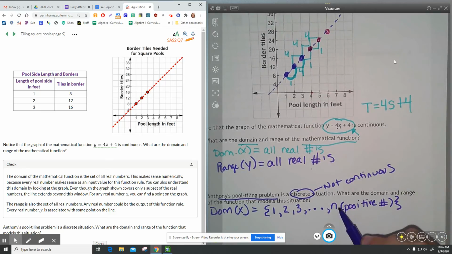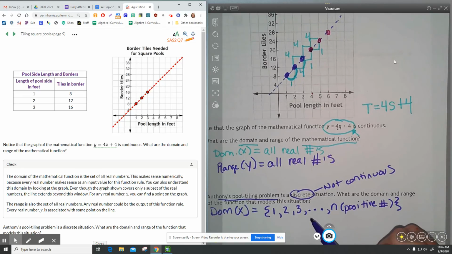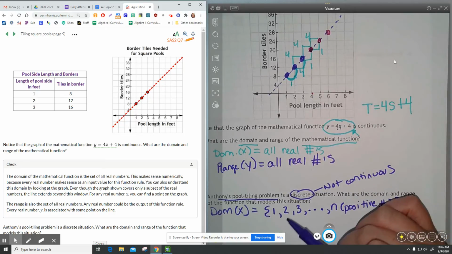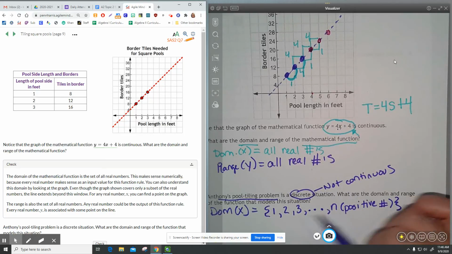Okay, and this n stands for any number. But we can't say all real numbers like up here because this includes halves. Okay, and it also includes negatives. This does not include negatives.